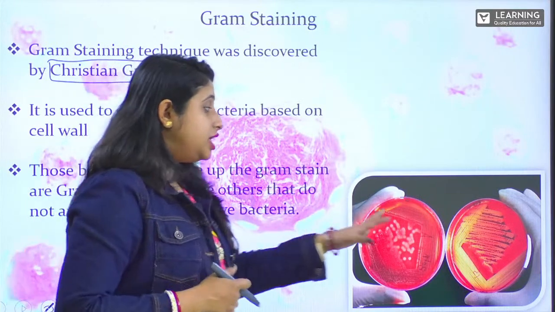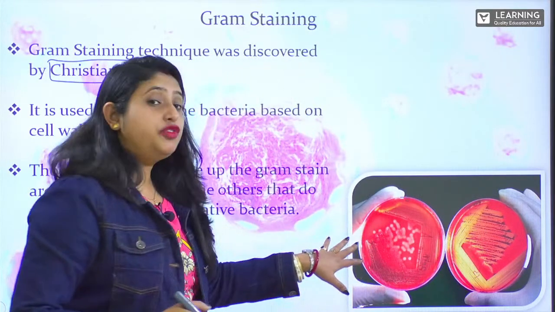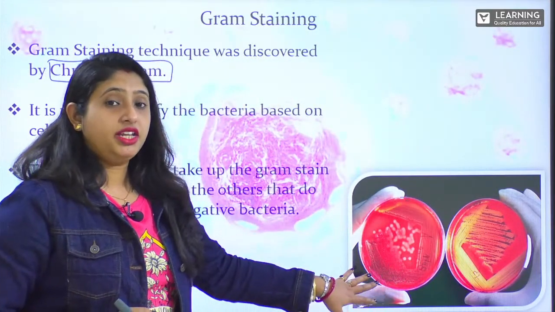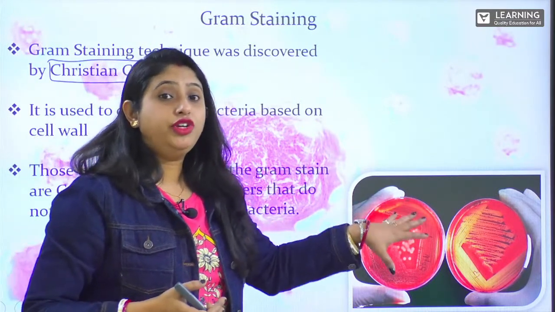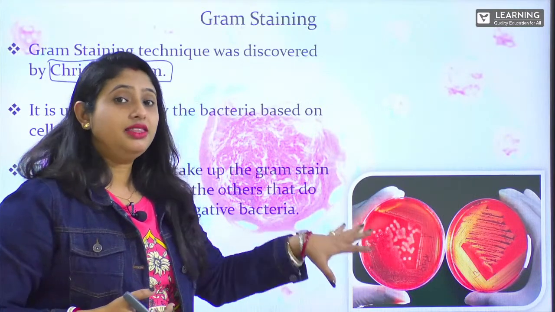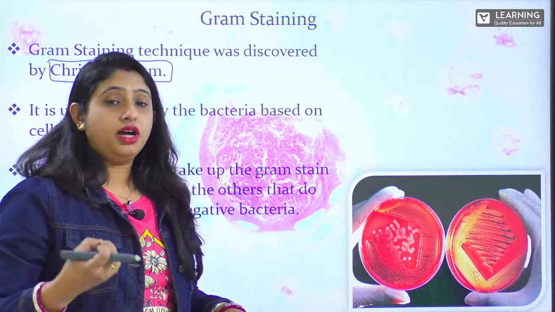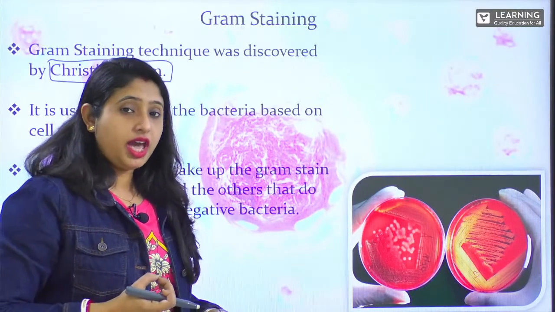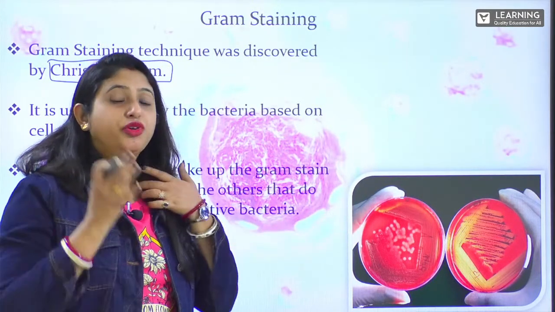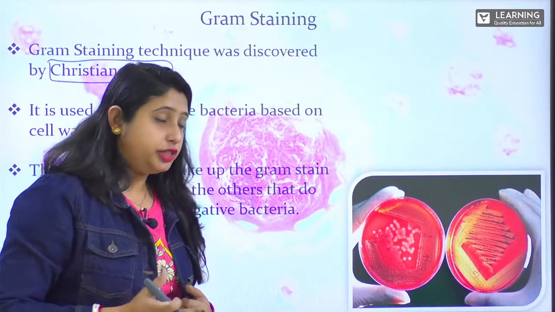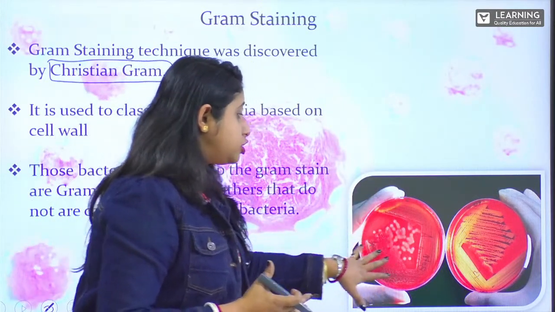As you can see in this picture, these are the various colonies of bacteria that have formed. But how is it done? It is done in in vitro conditions, that is, inside the lab. We need proper conditions, and we need to maintain the proper temperature and light in order to prevent contamination.